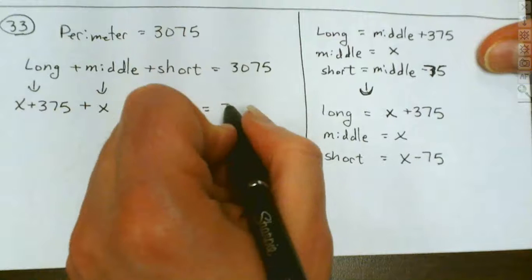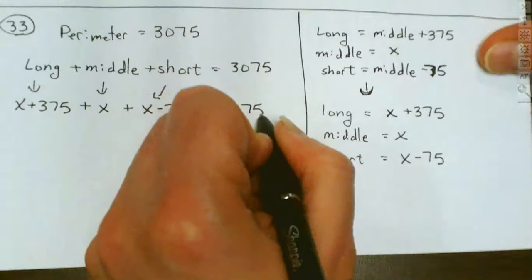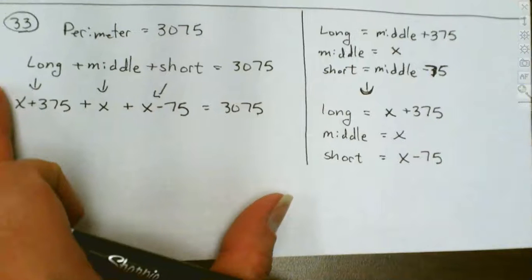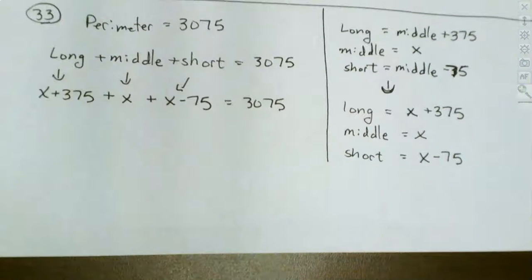And that's all going to equal our 3075. So does everyone see how we did it in terms of words? Then we rewrote it with the variable x. And then we used our perimeter. We plugged all of our pieces in. And now we've got an equation that we can actually solve.